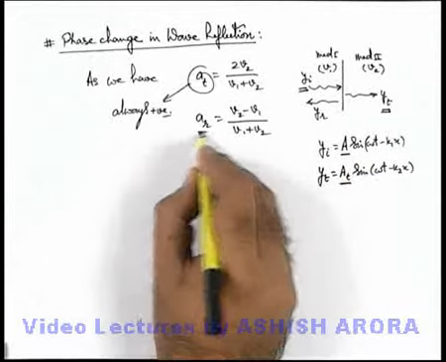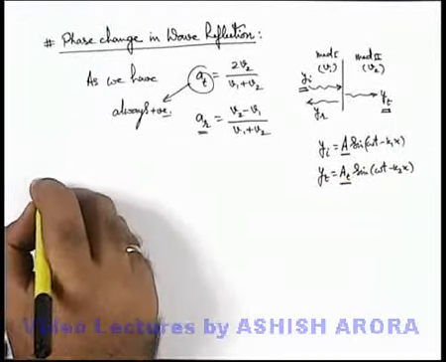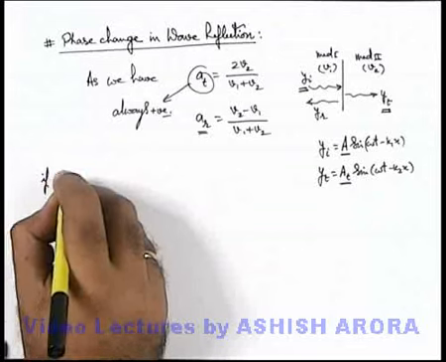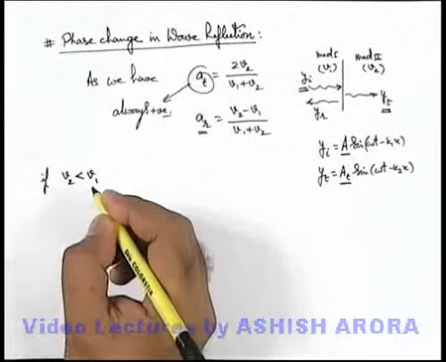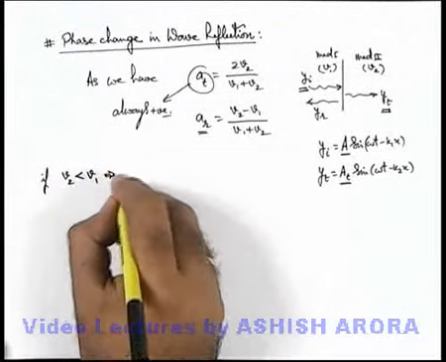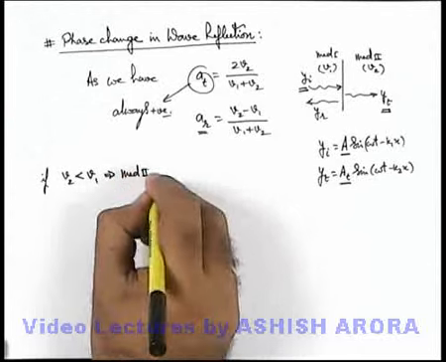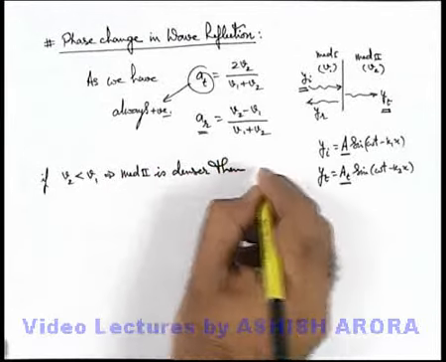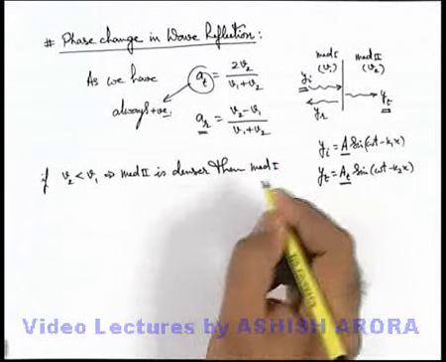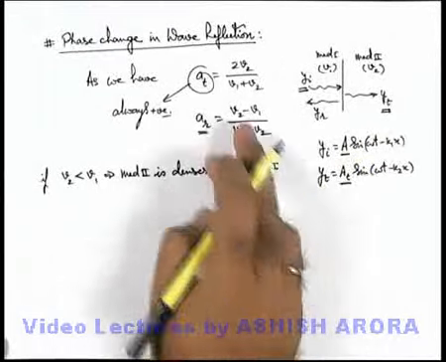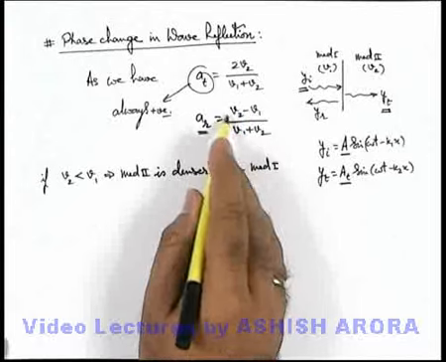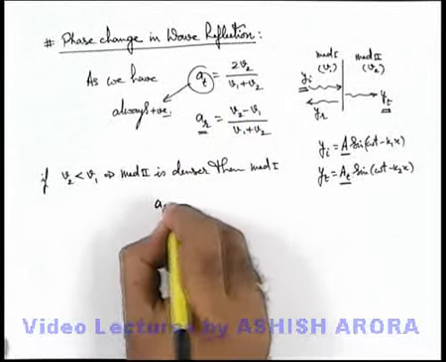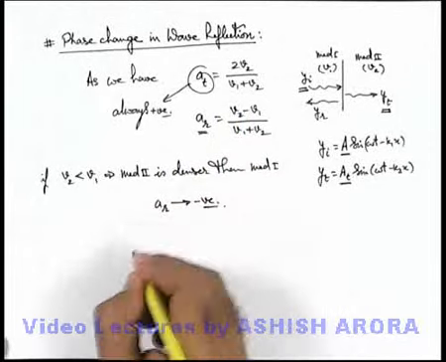But if we talk about the reflection coefficient, if v2 is less than v1, this implies medium 2 is denser than medium 1. If in the second medium the wave speed is less, the numerator is negative, so Ar will be negative.